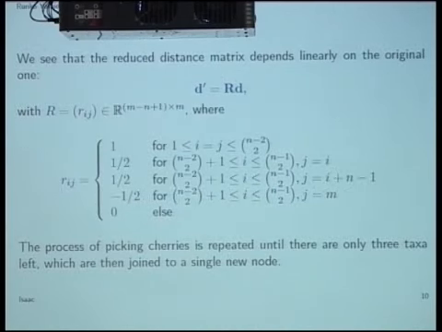Okay, so this one we can also see as a linear transformation, d dash equal r times d, such that r is this expression. And this proceeds, with cherry picking repeated, until there are only 3 taxa left. Okay. So this can be done for all n.